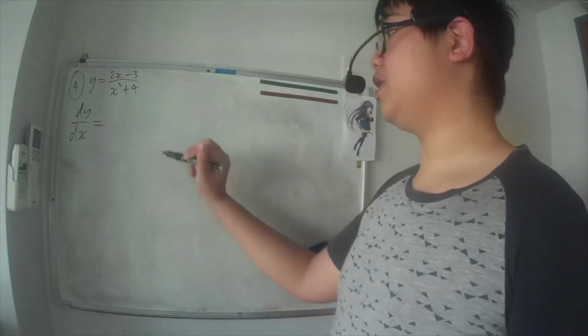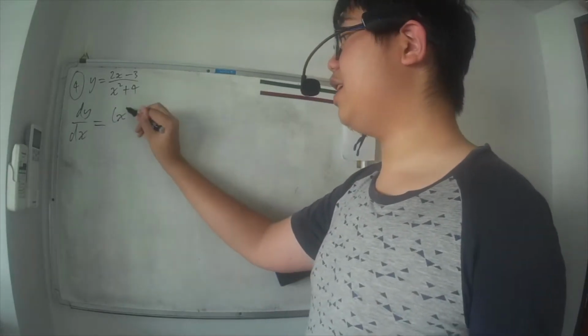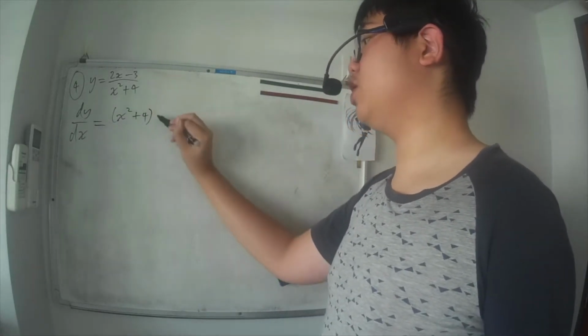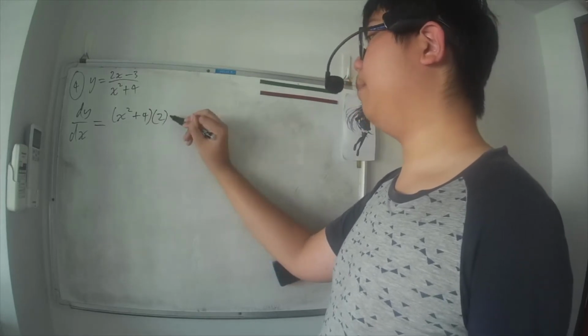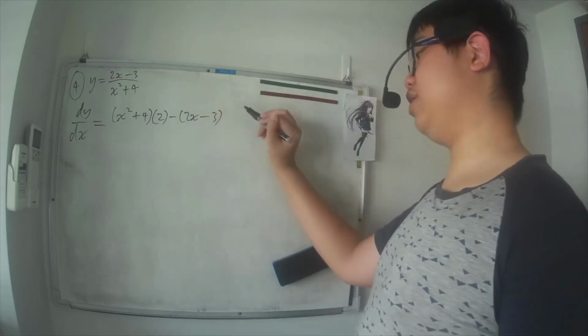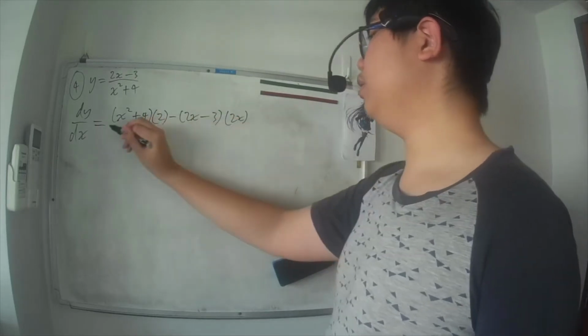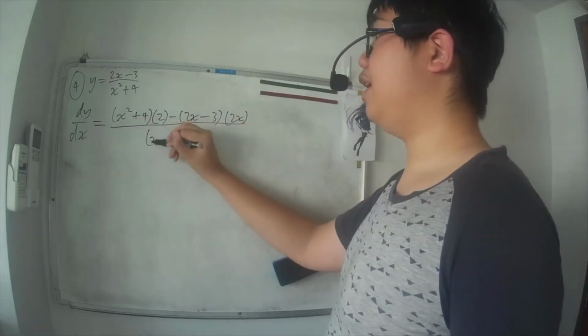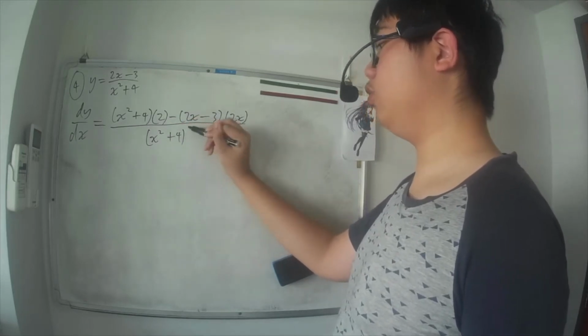So we must put our bottom one first. x squared plus 4, derivative of the top is just 2. Okay, minus, put the top function 2x minus 3, derivative of this is 2x, all over x squared plus 4, whole thing squared.